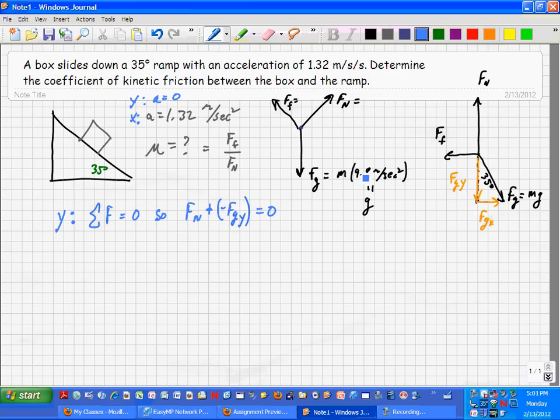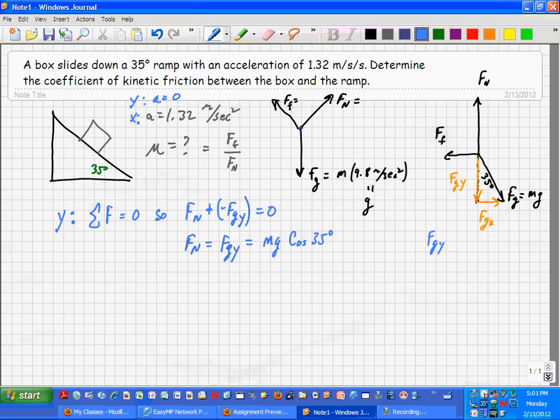So that means that F_n is equal to F_gy, which is going to be mg cosine 35 degrees, because F_gy, that's the adjacent.